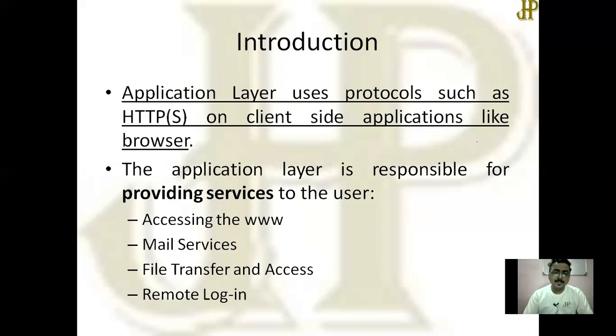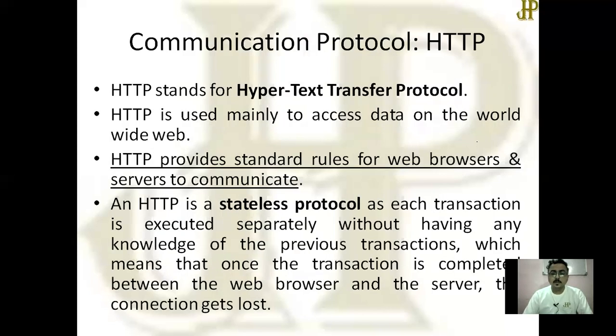So all these services can be achieved, but we have to follow some protocol. And we know that protocol means some rules and regulations. So start with the communication protocol.